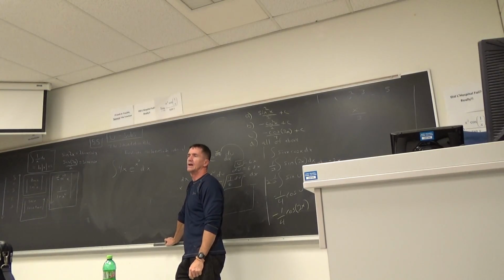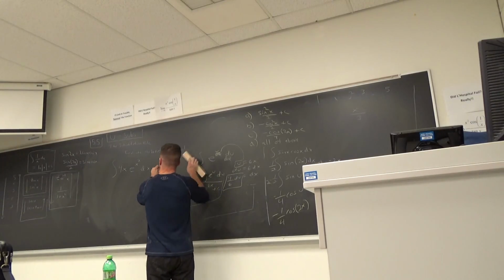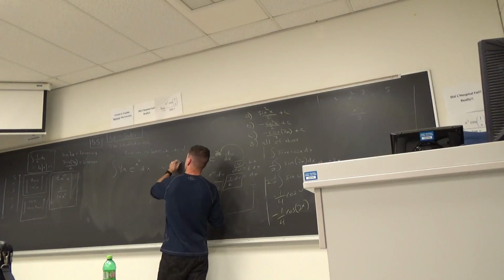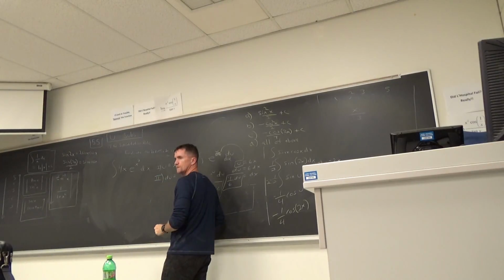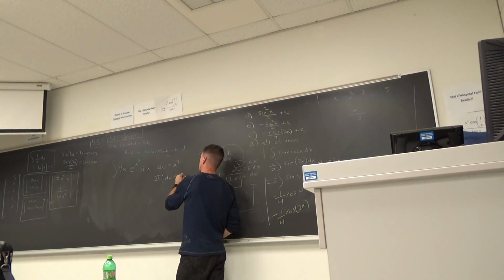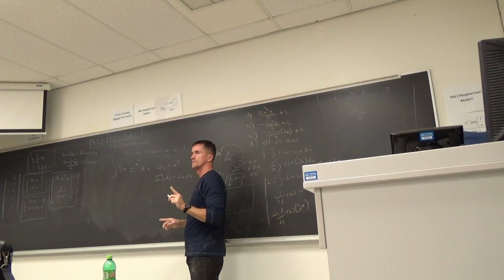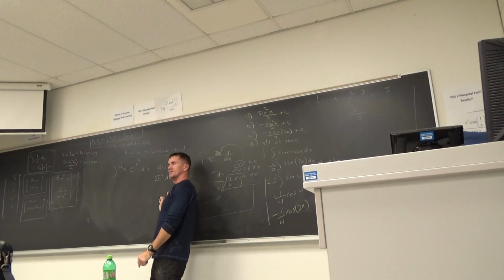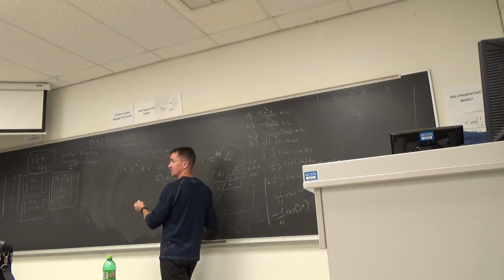We'll do it again. I didn't have the 4 there though. What would you let u equal to? x squared. Du? 2x. Farad, constant. 1/2, right? If it was 1, I would have left it, but it's a positive 2.